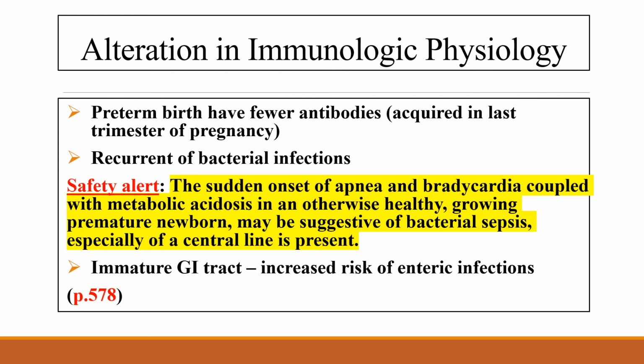Alterations in immunologic physiology. The preterm baby is born with fewer antibodies; these are acquired in the last trimester of pregnancy. So remember I said the longer that the baby can stay and grow in utero, the better it is for the baby for mortality and morbidity. They acquire many of the antibodies that mom provides them in that last trimester of pregnancy.